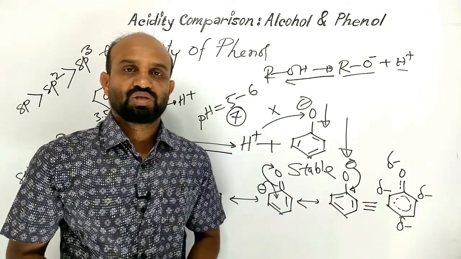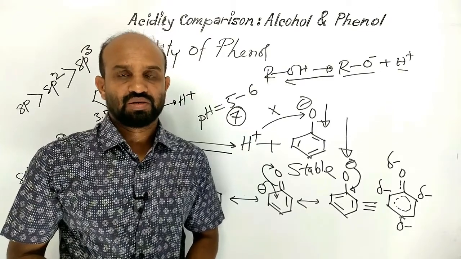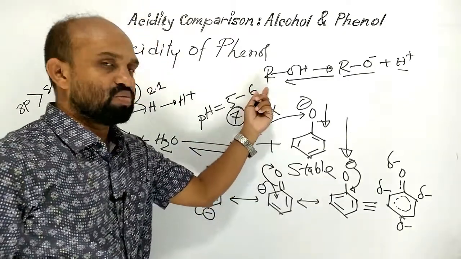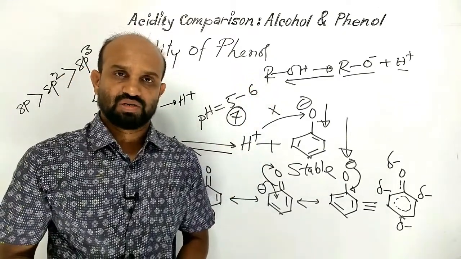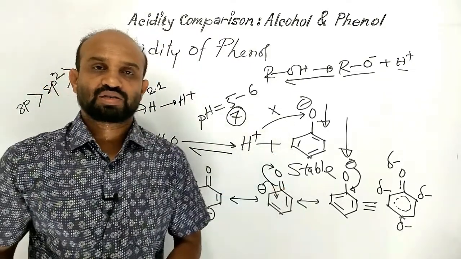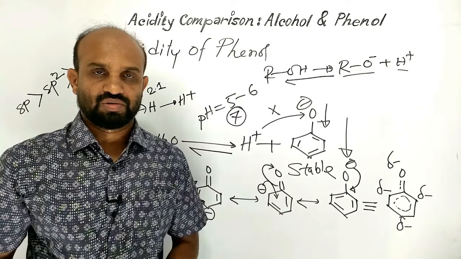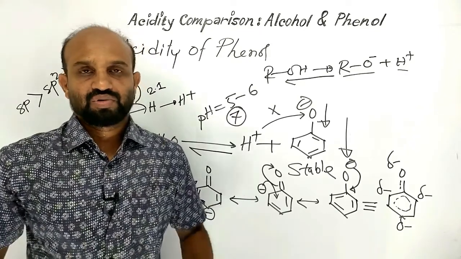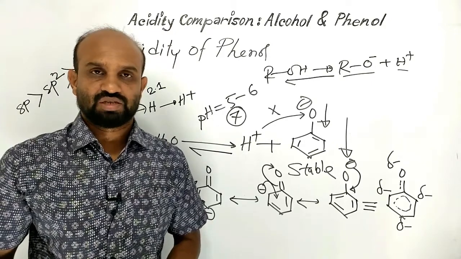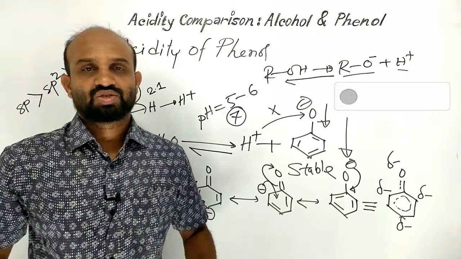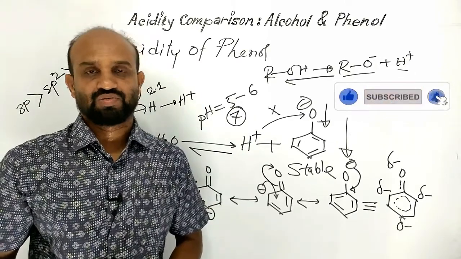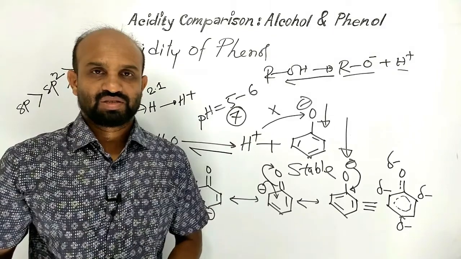It combines with this proton again, and equilibrium is established almost on the left side. But in phenol, the phenoxide ion gets stable after releasing proton. So phenol is acidic in nature, but alcohol is not an acidic compound. This is all about the acidity comparison between alcohol and phenol. No more today. Thank you very much.